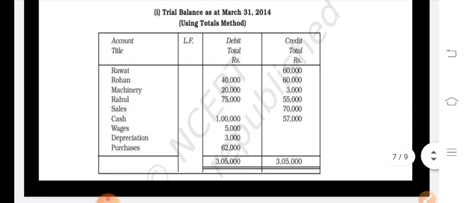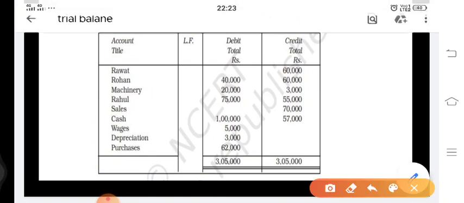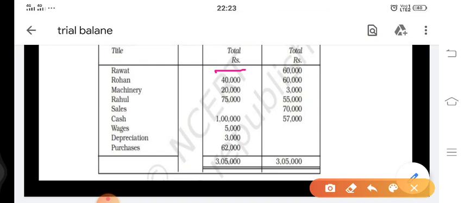And here we have our trial balance, since it is the trial balance using the totals method. Since Rawat's capital debit side was nil, we have not written any amount, or you can just write a dash or 0. And the credit side was having 60,000, so here we have shown this 60,000 at the credit side. Moving towards the next point.